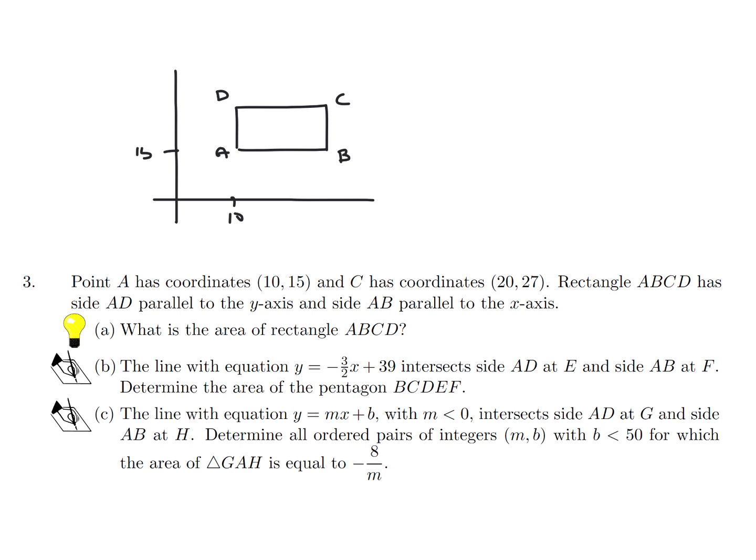Not drawn to scale, obviously. And C is 20, 27, so that's 20, and that's 27. Definitely not drawn to scale. Okay, so this looks to me like 10, and this side looks to me like 12. So the area of that rectangle would be 12 times 10, and that is 120.